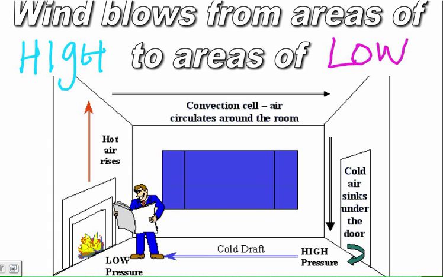We can see an example here on this diagram where we have this fire. The fire, of course, is heating the air, causing that warm air to rise, making low pressure on this side of the room. Whereas on this side, I've got my cold air from being away from the fire. Cold air sinks, making high pressure.